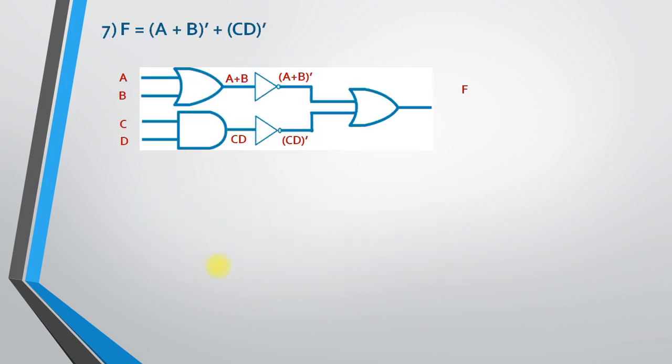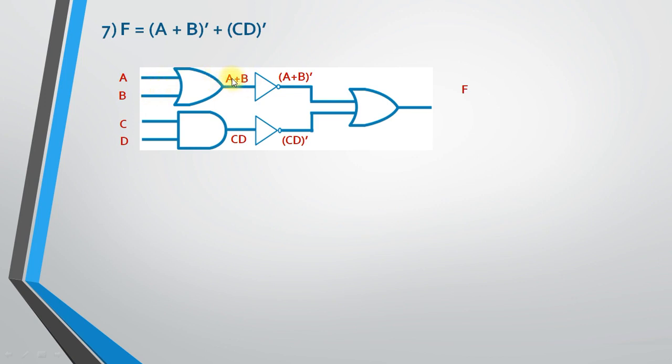And the last circuit is based on A plus B whole dash. So how can whole dash be represented? After getting A plus B, I need to put a NOT gate over here to perform the whole dash. See, if you put NOT gates over here and here, at that time you will get A dash plus B dash.